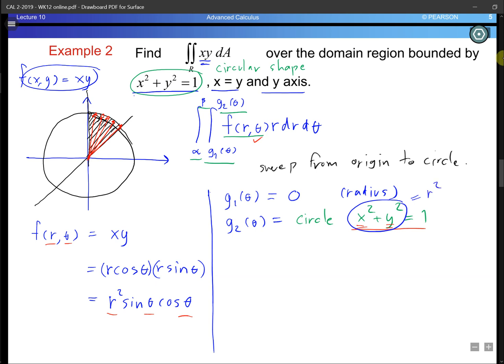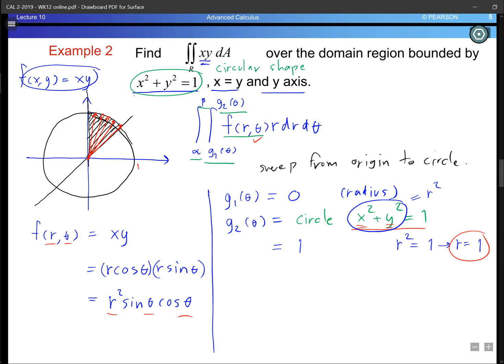So we have r squared equal to 1, and we can say that r equal to 1. You might ask me, what about minus 1? Well, in terms of radius, we always talk about the positive value, so we omit the negative value here. So we have r equal to 1, which is the radius of this circle.